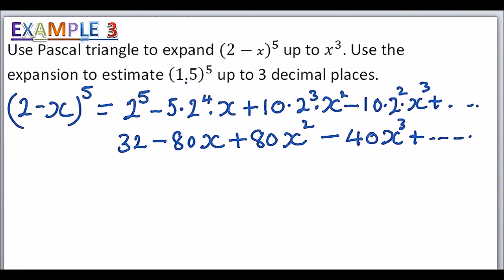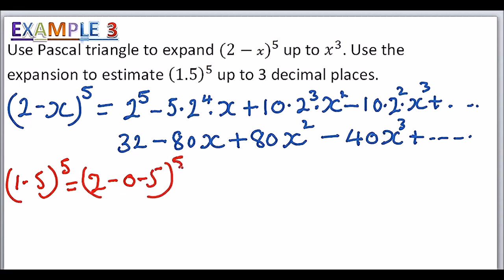Now we come to 1.5 to power 5. You say 1.5 to power 5 is the same as 2 minus 0.5 in brackets to power 5.